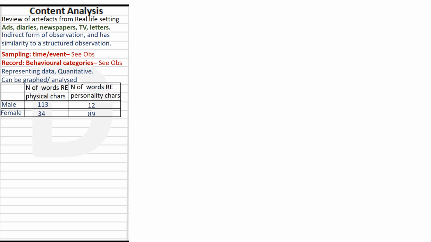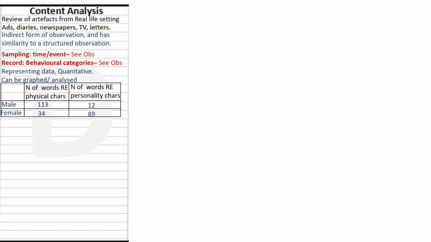As an example, what I'm going to mention is probably one of the only content analyses we will come to on the course, which is within relationships, where personal advertisements for looking for relationships were analysed. They were looking for what type of words do males use when they're looking for a partner, and what kind of words do females use when they're looking for a partner. Is there some sort of difference between the physical words that might be used and the personality words?